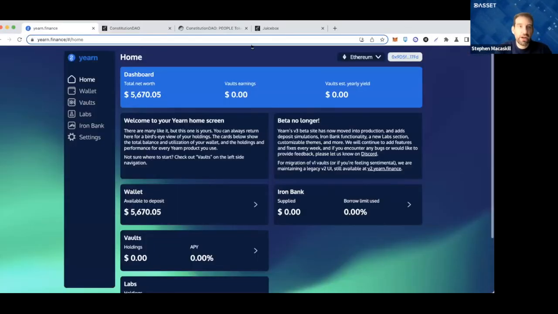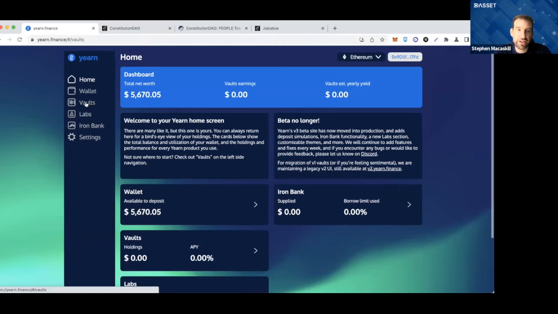Okay, so we have Yearn Finance here. I've already connected a wallet to the application. Yearn Finance is a protocol on the Ethereum network that has a number of vault strategies.